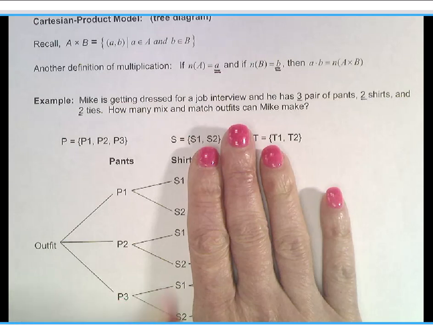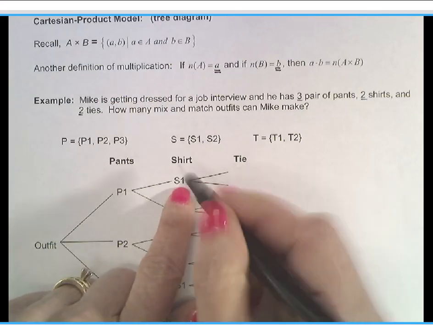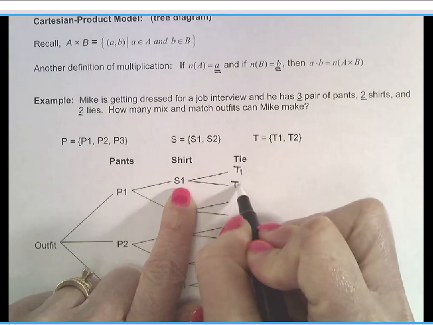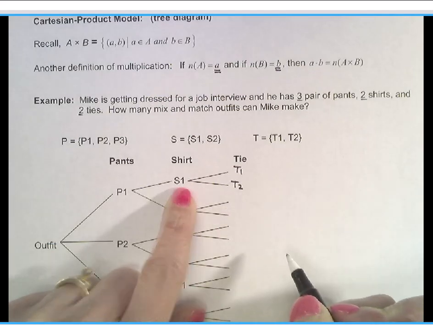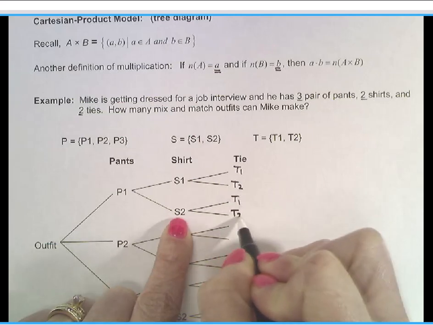Or if you pick P3, you can pick either shirt to go with it. And then once you've chosen a shirt, then you're going to pick a tie. So branching off of each shirt, if I pick shirt 1 going with pants 1, I can pick either tie 1 or tie 2. Or if I had chosen shirt 2, I could still pick tie 1 or tie 2.